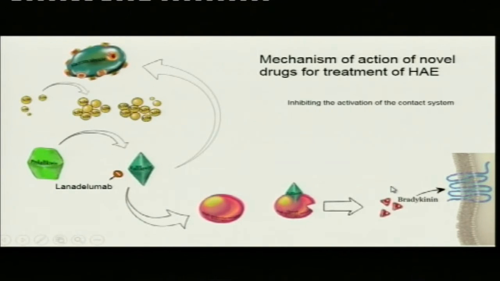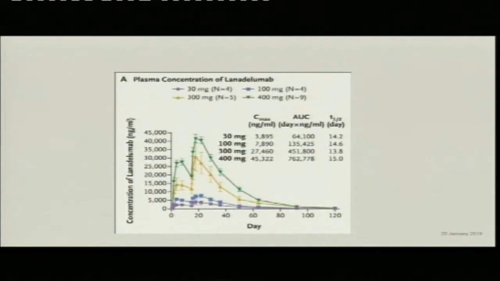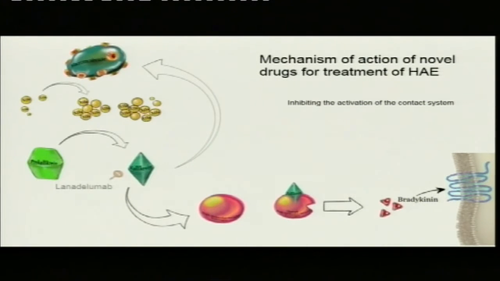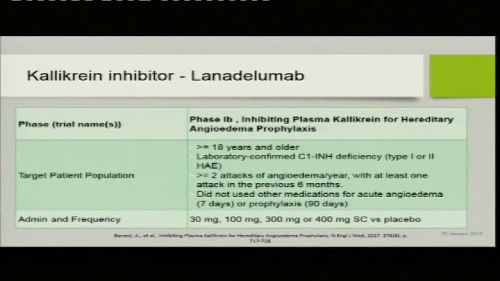This is the major one among all of those. Lanadelumab is a monoclonal antibody that targets kallikrein. But the beauty of this medication, even though it's a Phase 1b trial, is that it's once every 2 weeks.